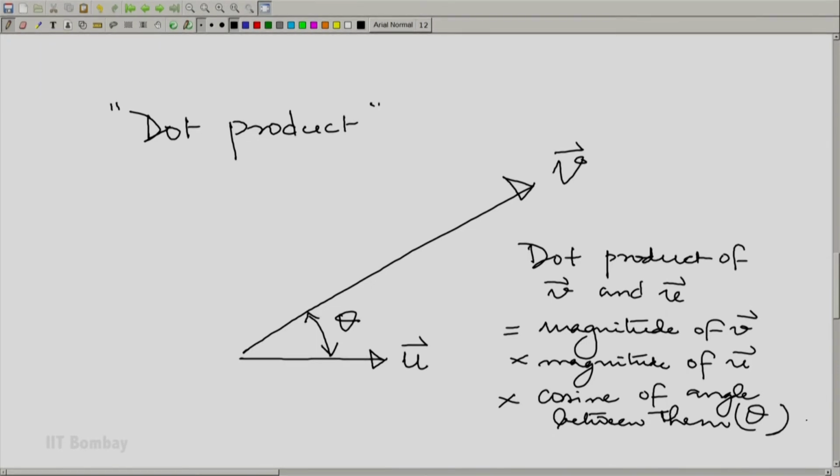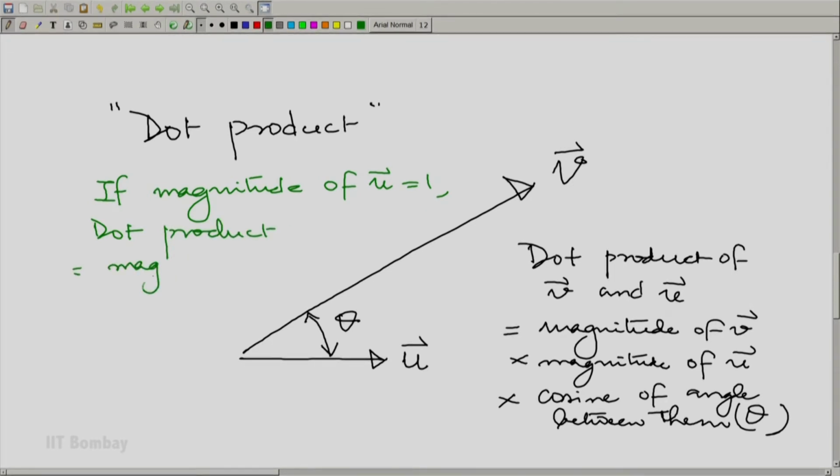Now, of course, if u is a unit vector, if the magnitude of u is 1, then the dot product is simply the magnitude of V multiplied by the cosine of the angle between them, cos theta. So, essentially you see that what a dot product does is to give you the length of the perpendicular component in the direction of the vector u here.